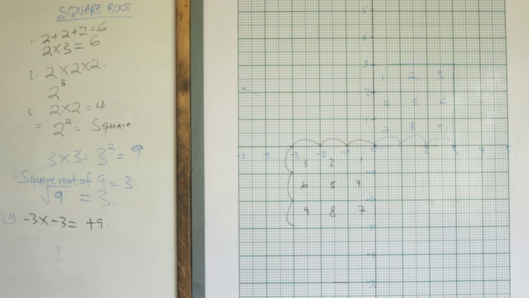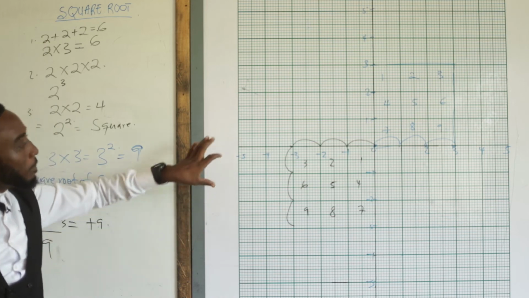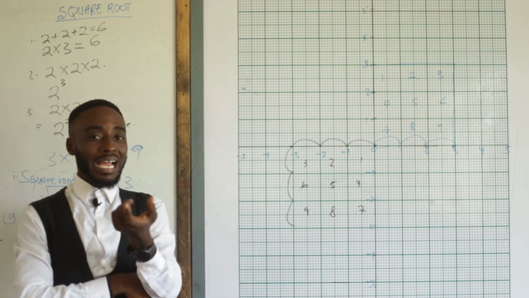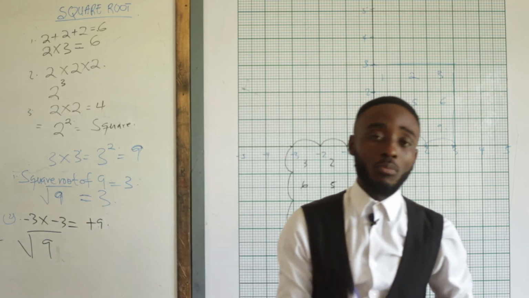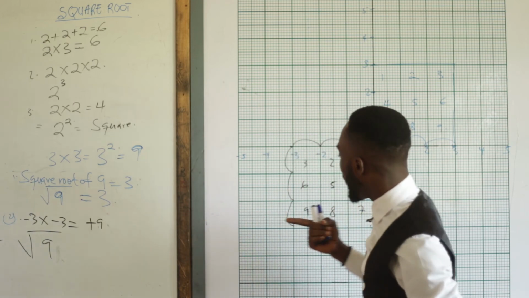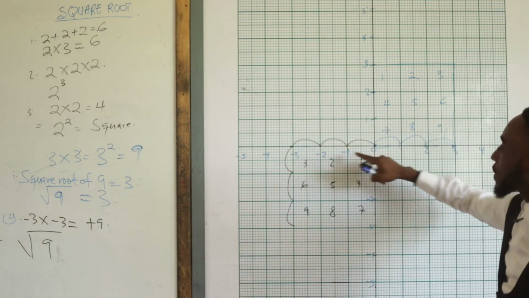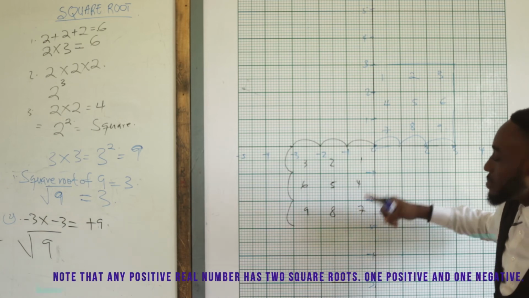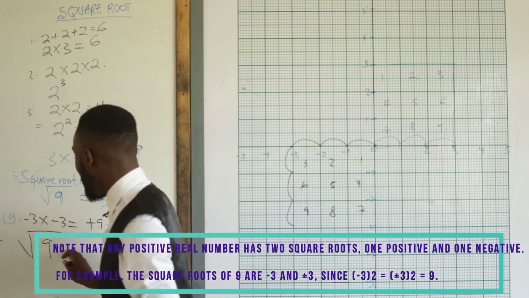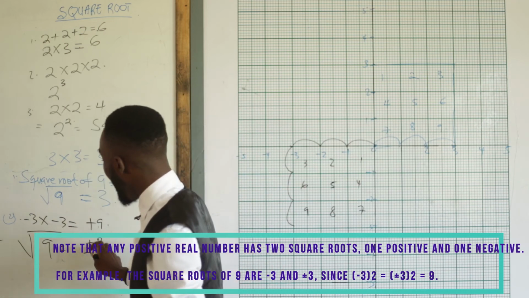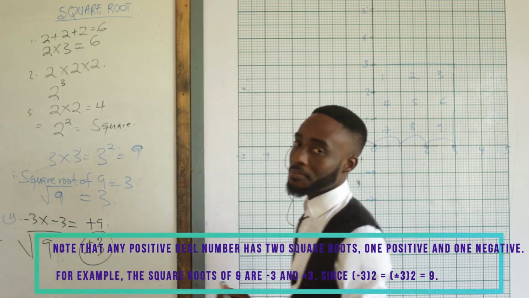So therefore, if you are asked to find the square root of 9, you can't say the answer is just positive 3, because it's not only positive 3 that you can multiply to get 9. You could also multiply negative 3 by negative 3 to get 9. So therefore, the square root of 9 would be equal to plus or minus 3.